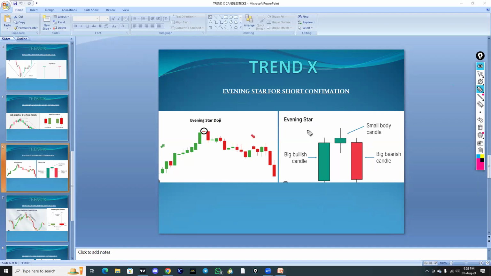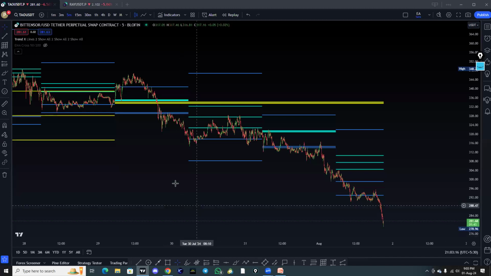Once we see this pattern, our trade will start after closing this bearish candle, stop loss above the resistance or this candle. It depends where the resistance is. Okay, now the first two candles I'll show you in the real market.